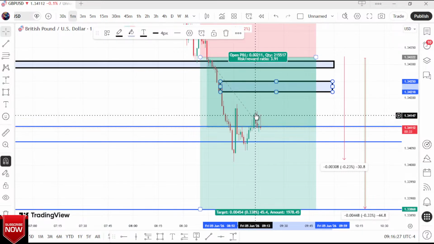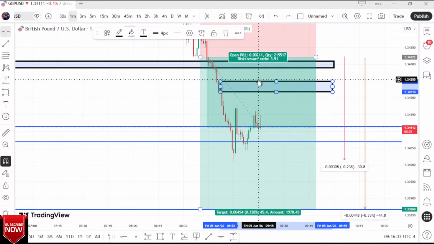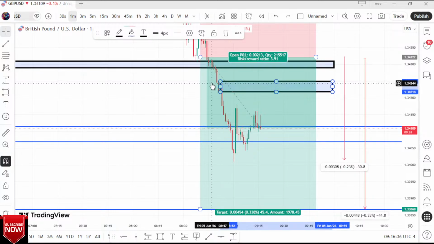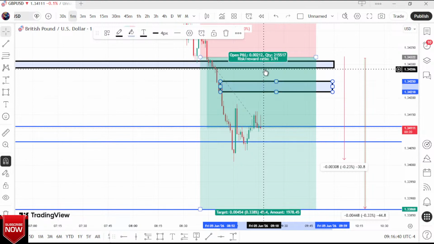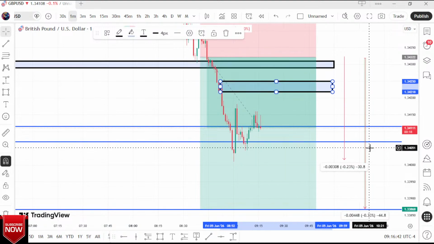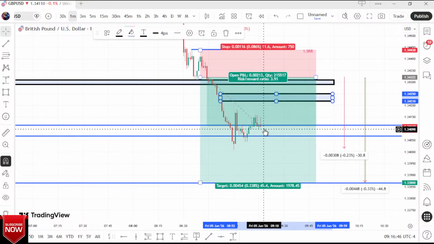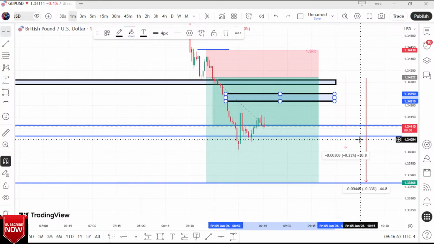If it comes up here to this buy side liquidity, to this bearish order block, and disrespects it, that will be my signature that we are wrong in the trade, and I actually want to quit trading and wait for next week. And actually next week we have a good week.